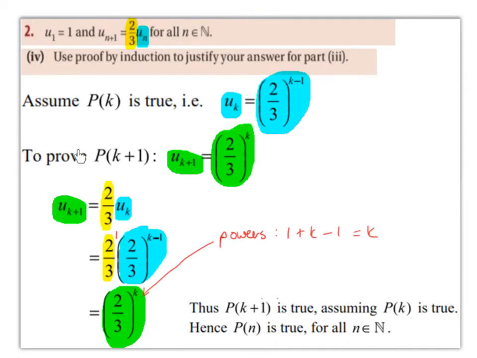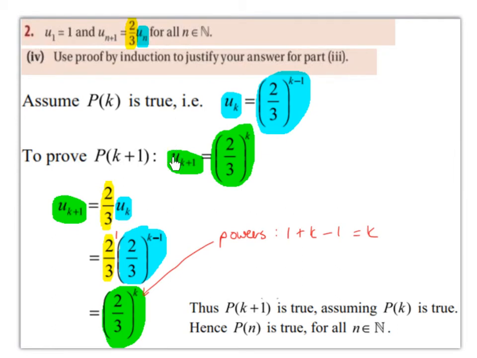So now we want to prove that P(k+1) is u(k+1) equal to 2/3 to the power of k. So we get this k here because if uk equals 2/3 to the power of k minus 1, then u(k+1) would be k minus 1 plus 1, and minus 1 plus 1 would cancel, so we'd be left with k. So we want to prove this.